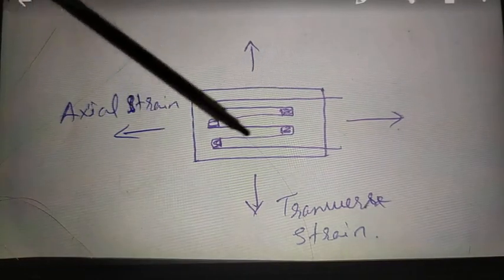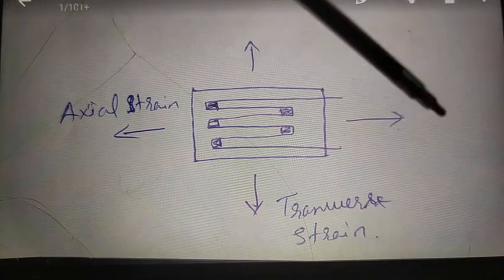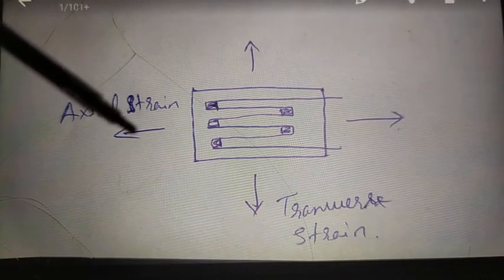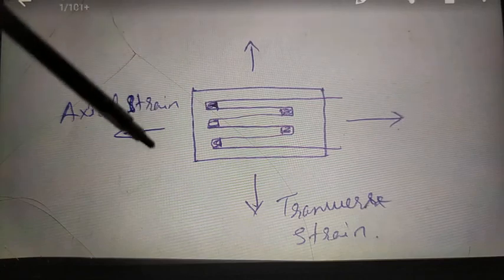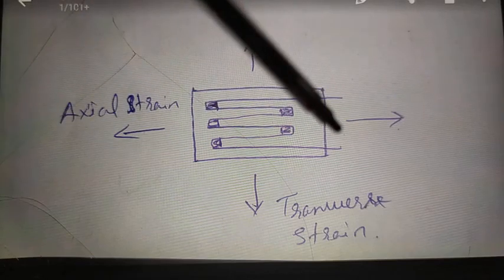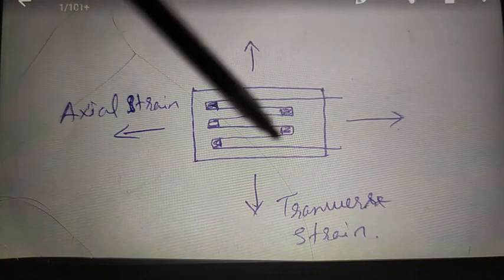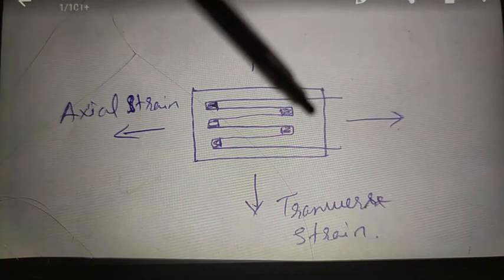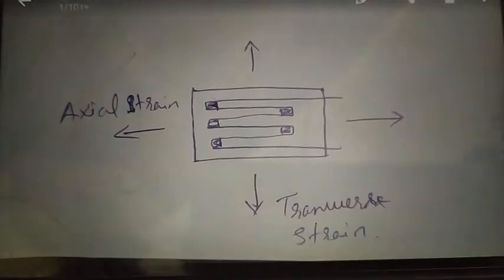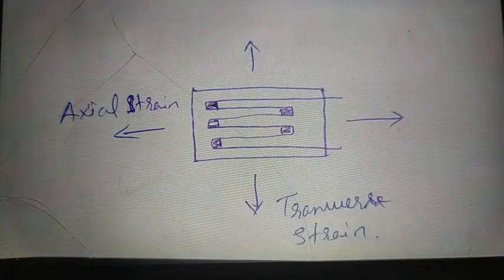Here I have drawn one strain gauge. A load is applied in this direction, along the axis of the strain gauge, so the strain develops in this direction. This is the linear strain.